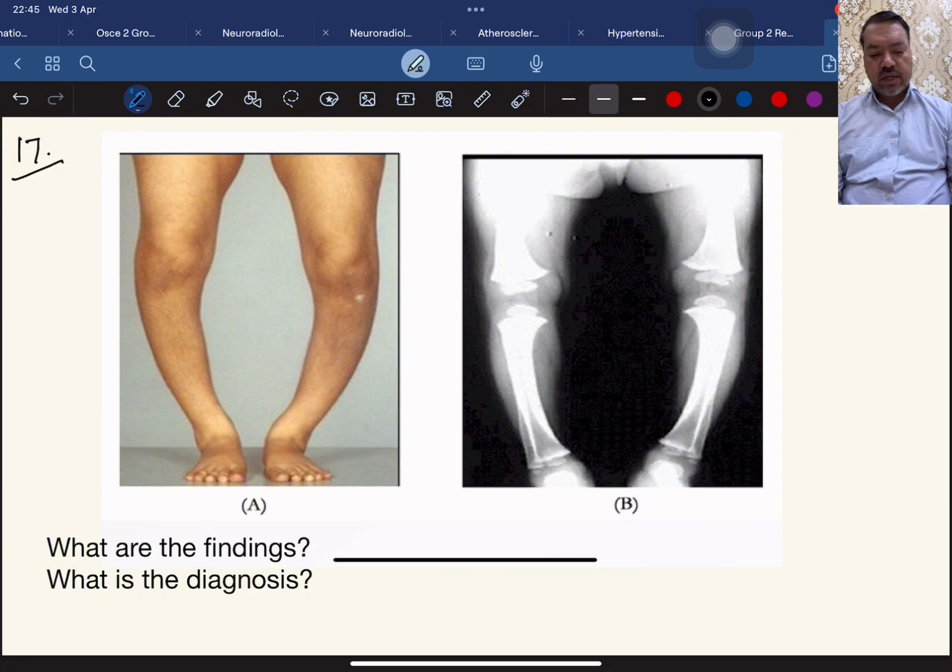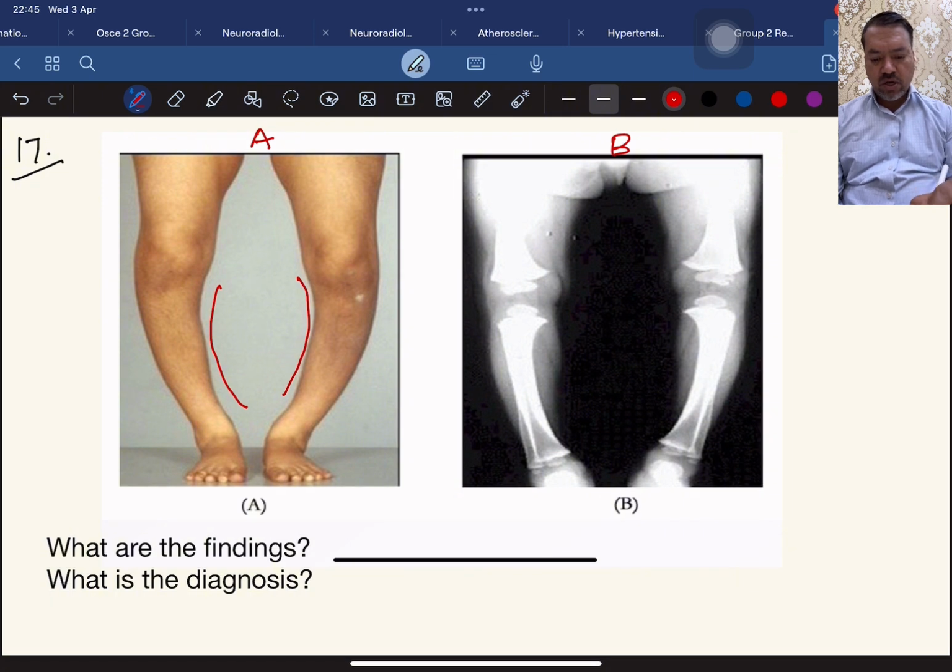Now another interesting case in case of pediatrics is here. So what are the findings in this picture? Let's say this is A and this is B. In A, what can you see here? Look here, the legs are bent, and they are coming closer to each other.